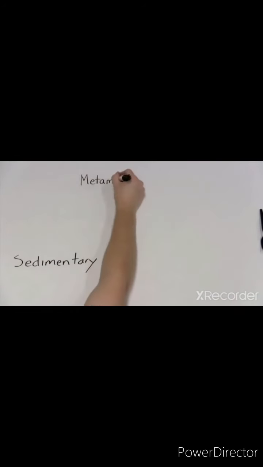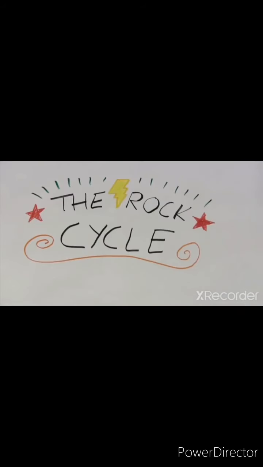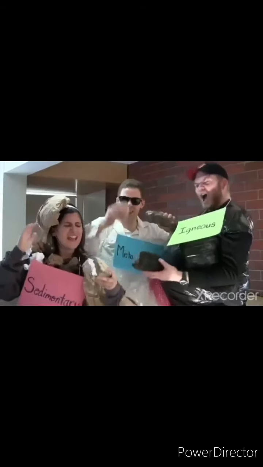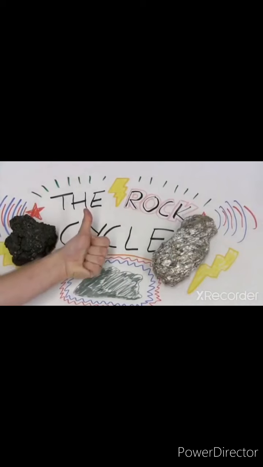Sedimentary, metamorphic, and igneous rocks change into each other in a process we call the rock cycle. No, not that kind of rock. This kind of rock. Yeah, that's more like it.